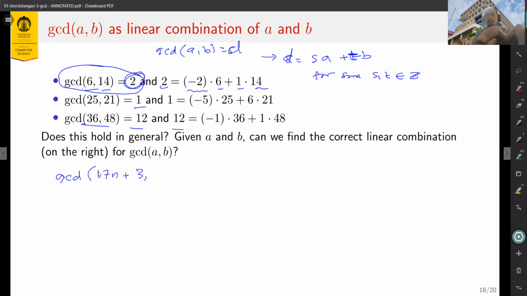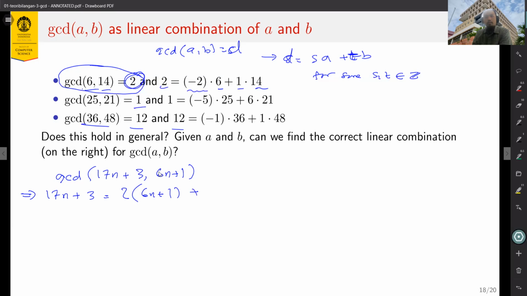Who asked this? I believe one of you asked this question in the reflection. So 6n plus 1. The way we do it is, of course, you start from here. 7n plus 3 is 6n plus 1 times what? Well, times 1 actually.